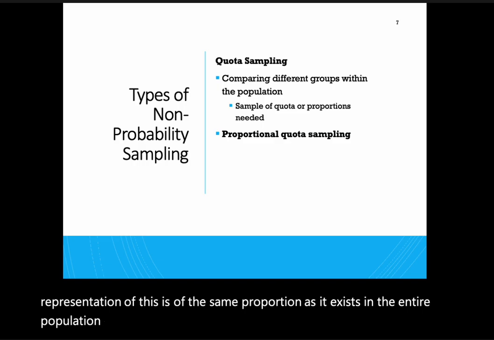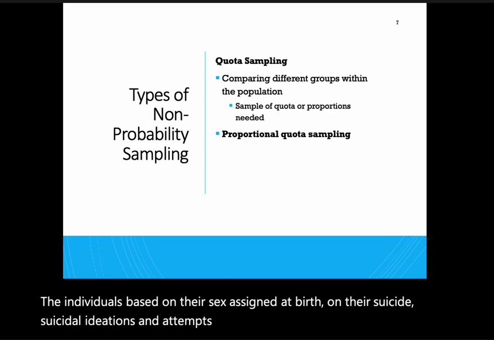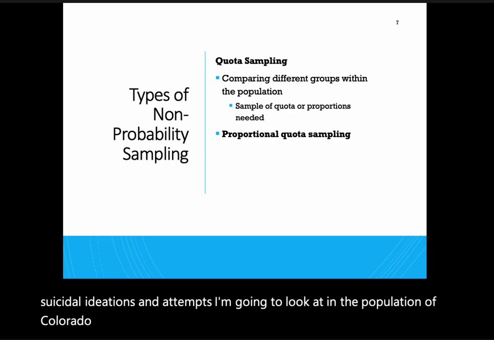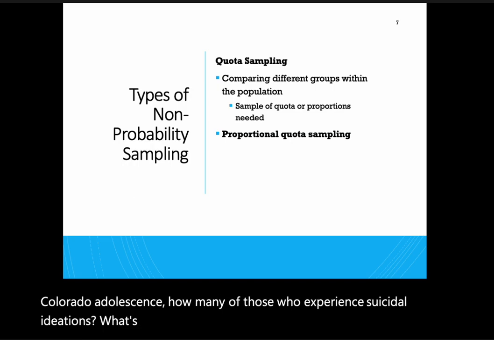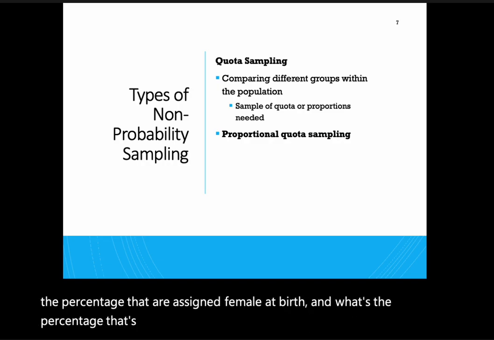So if I'm wanting to compare individuals based on their sex assigned at birth on their suicidal ideations and attempts, I'm going to look at, in the population of Colorado adolescents who experience suicidal ideations, what's the percentage that are assigned male at birth, what's the percentage that are assigned female at birth, and what's the percentage that's assigned intersex at birth.